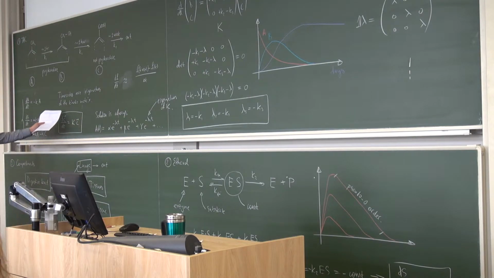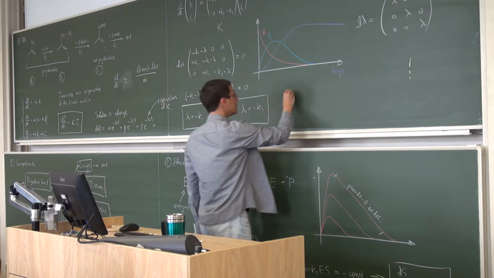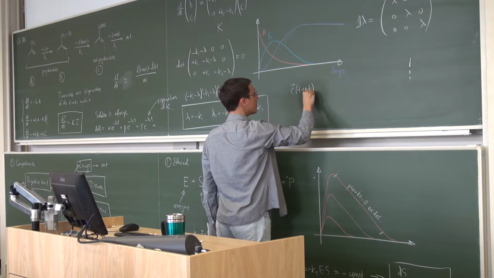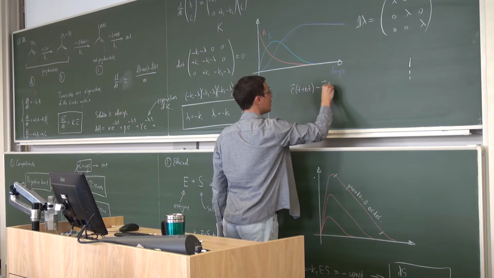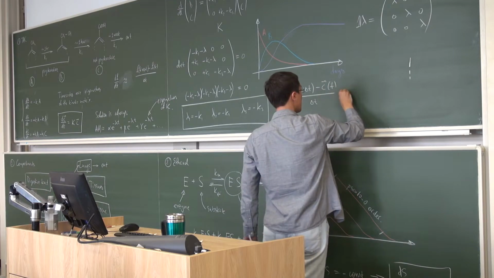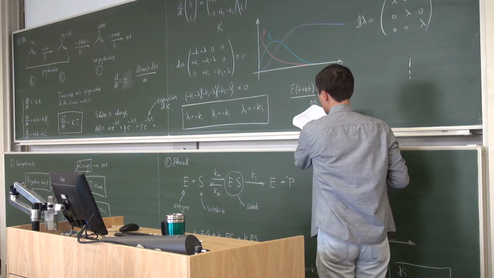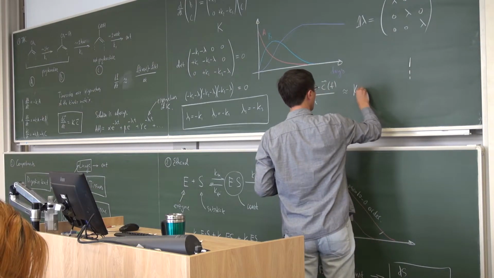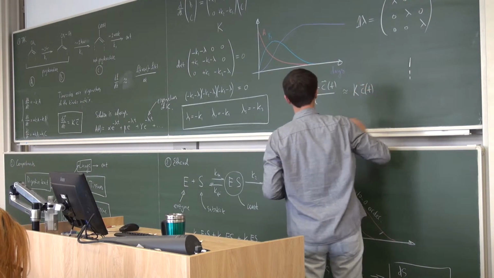And so imagine we're doing this here. So (c(t + delta t) minus c(t)) divided by delta t is approximately equal, the more accurate the smaller this time step is, to kc(t).